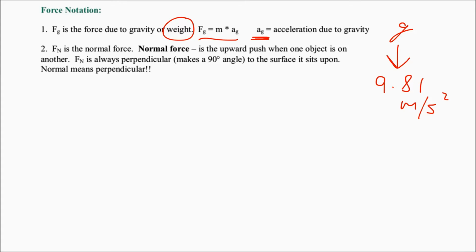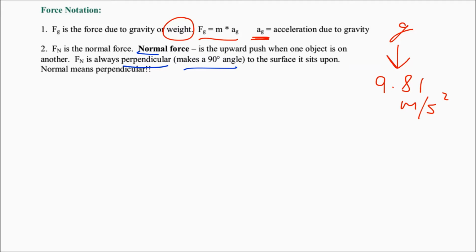Okay, so the next thing we have is the normal force. In physics, the word normal means perpendicular, okay, so at 90 degrees. So a normal force is one that is 90 degrees to the surface that it's sitting on.